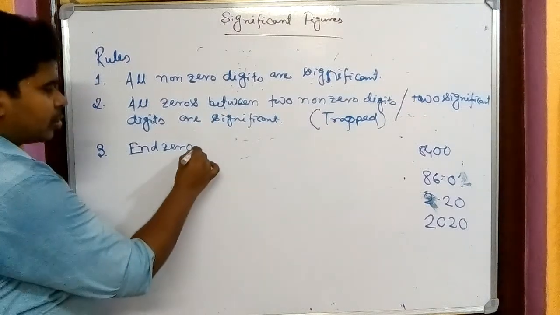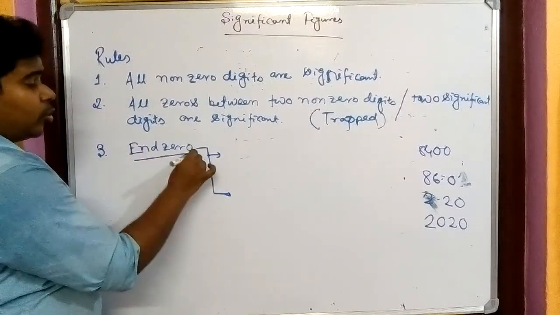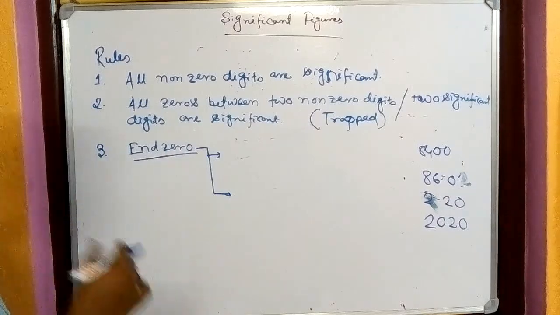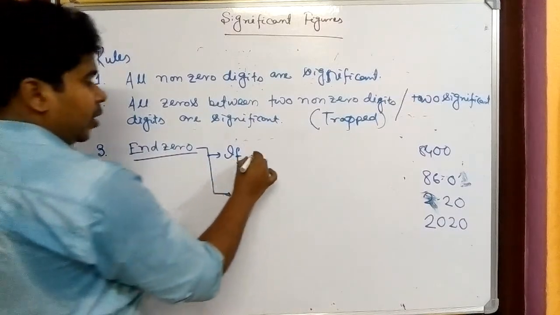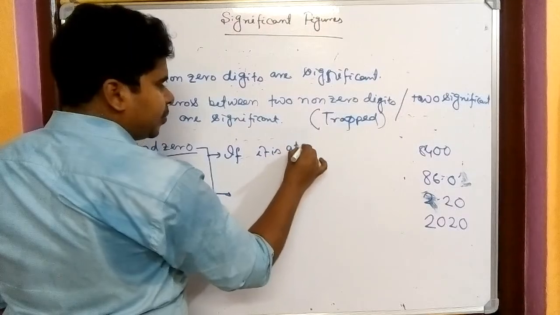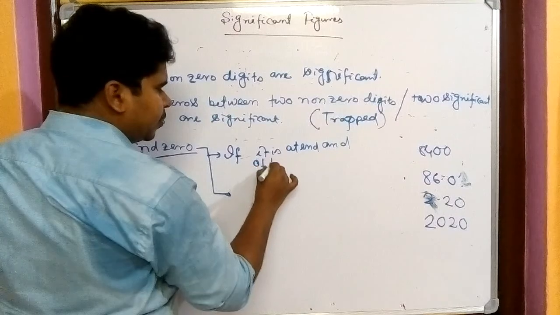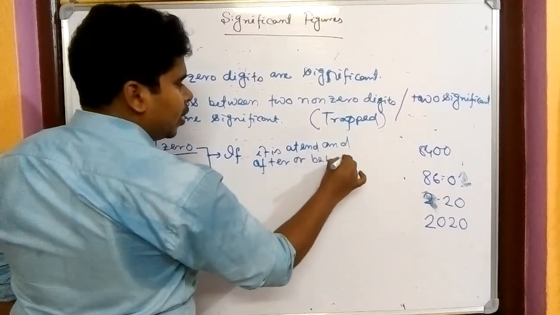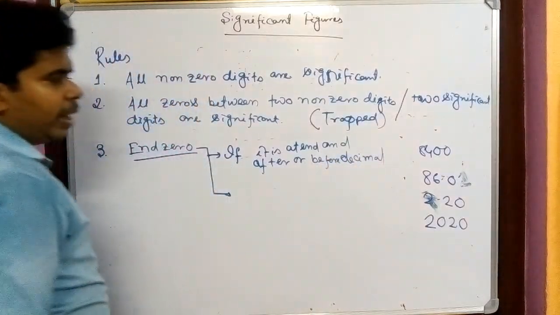Here we have to follow some rules. What is the rule? An end 0 will be significant if it is at the end and after or before a decimal.